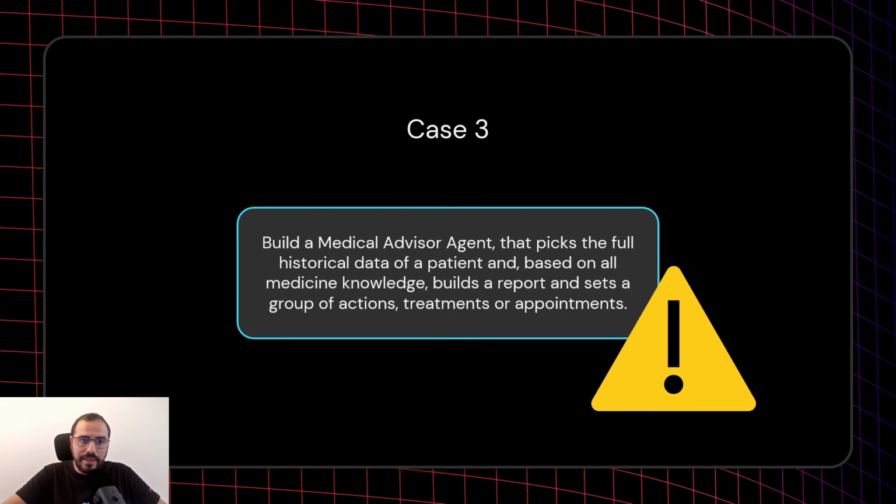Then you could have a second agent that receives the data from a patient, receives the summarized information from the other agent, and based on that, it can probably already do a better job. But even so, it might be required to break this into a bigger team of agents. So yes, it's possible, but it's not easy.